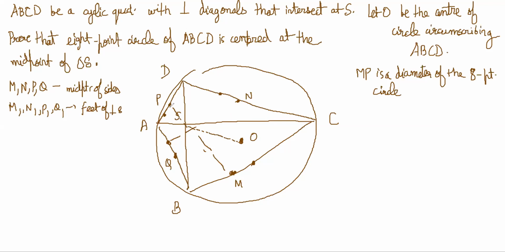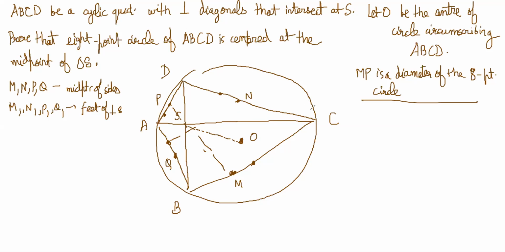MP was a diameter because the diagonals were perpendicular and MNPQ was a rectangle lying on that circle. That is how we proved that the other points also make 90 degrees, and so lie on the circle.